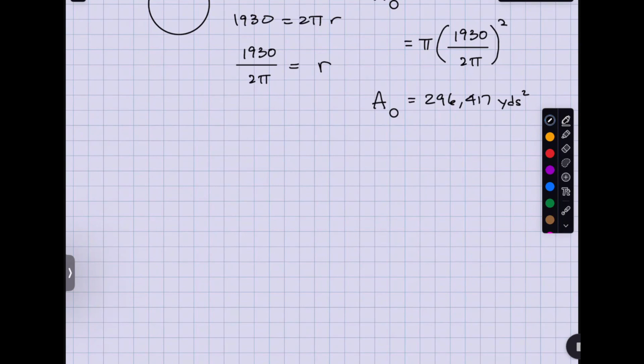Because 17 looks like this. It tells you that the height is 40 and this base is 20.5.